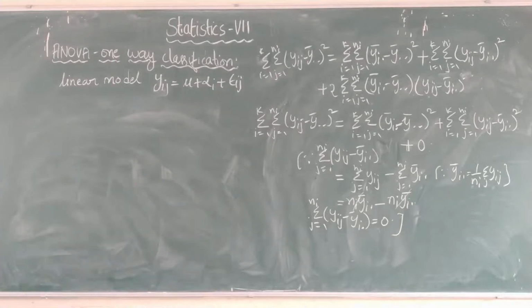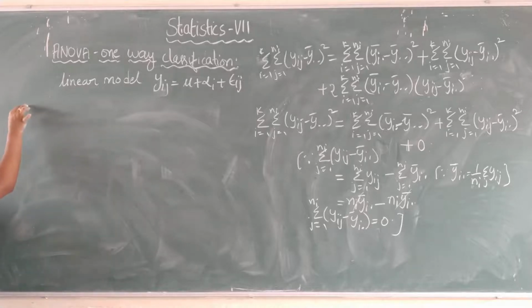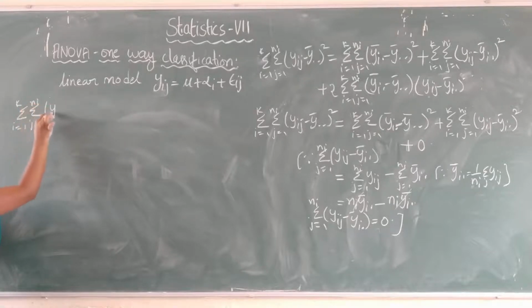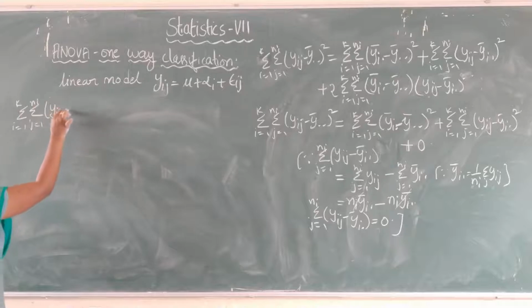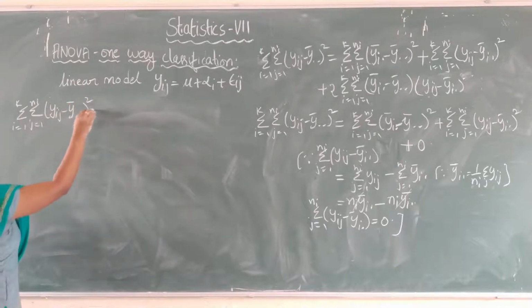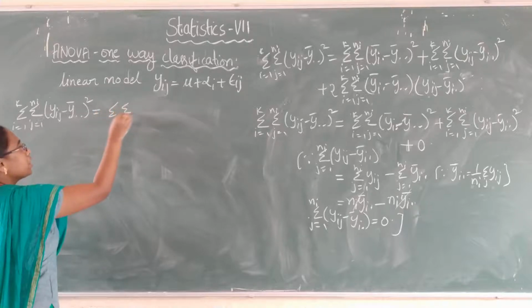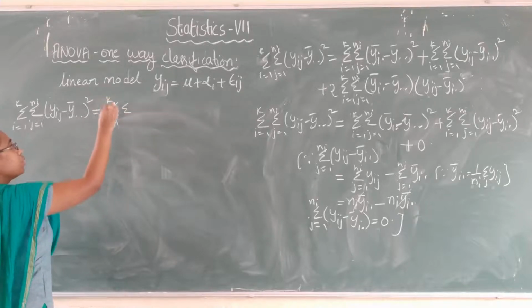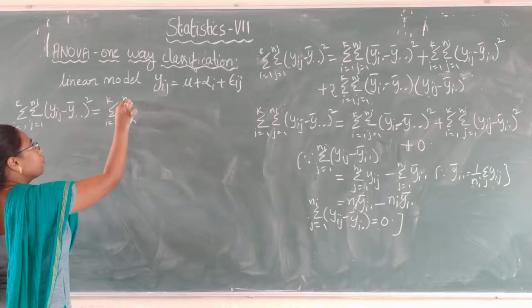So now, what is the last step we are going to get? The LHS will be as it is, that is double summation i equals 1 to k, j equals 1 to ni, yij minus y double dot bar whole square, equals double summation i equals 1 to k, j equals 1 to ni.